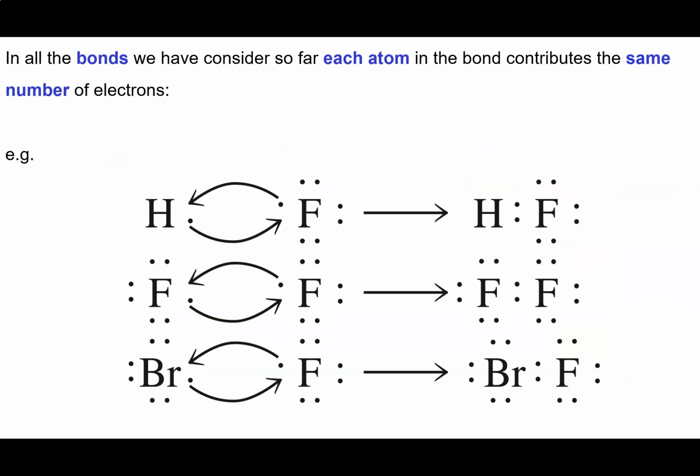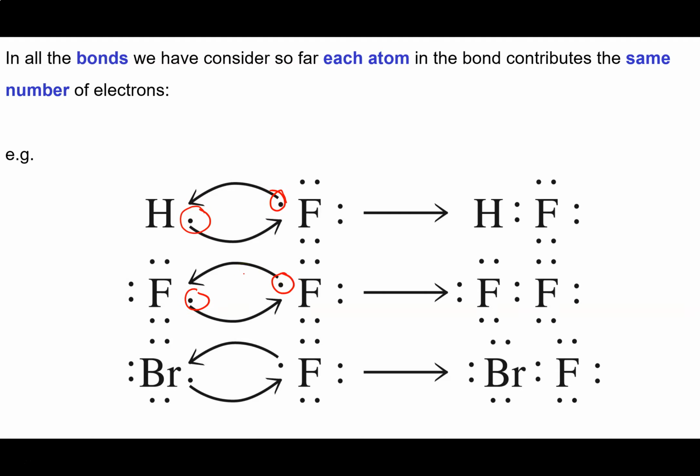All right, so this is where it gets a tiny bit weird. In everything that we've considered so far, each atom in the bond contributes the same number of electrons. So we have a hydrogen atom and a fluorine atom coming together, and they each contribute one electron. We had two fluorine atoms coming together, and they each contributed one electron.